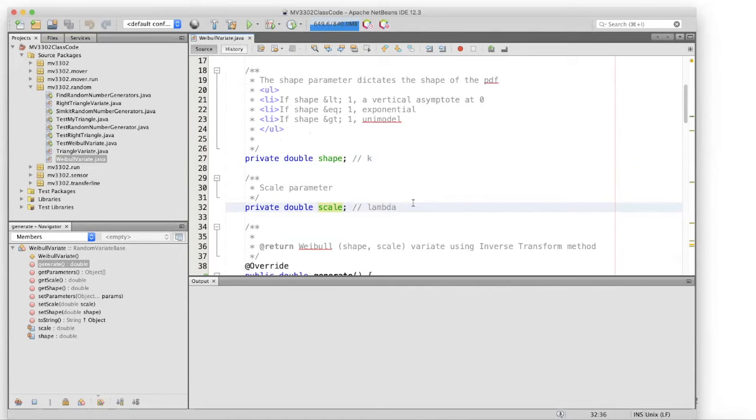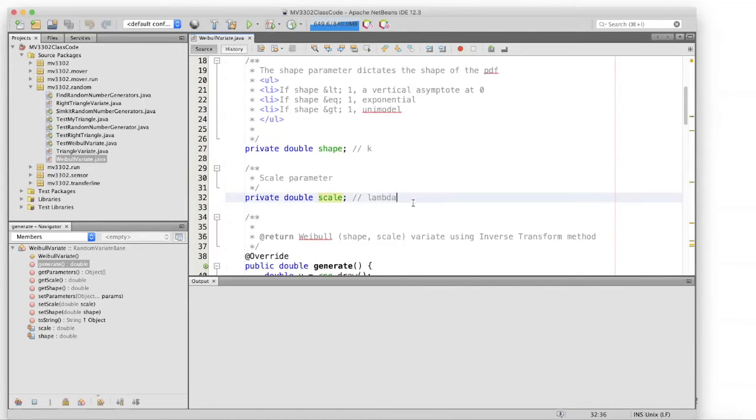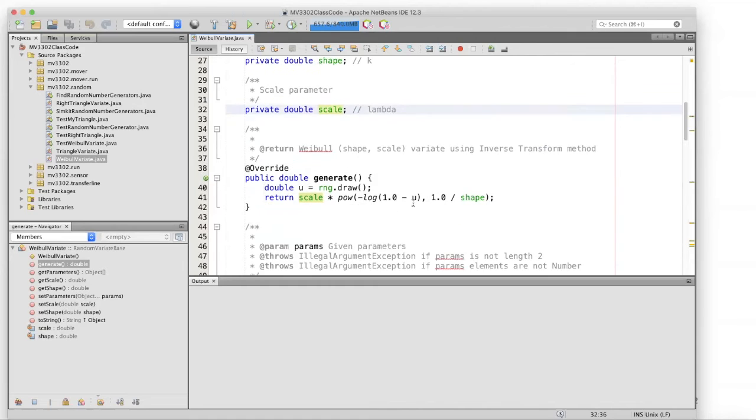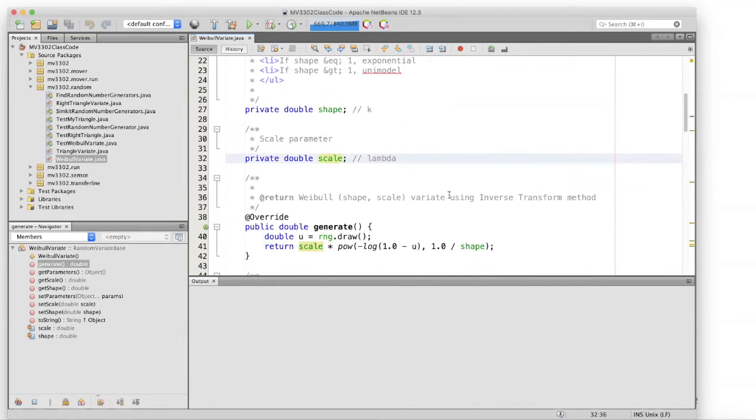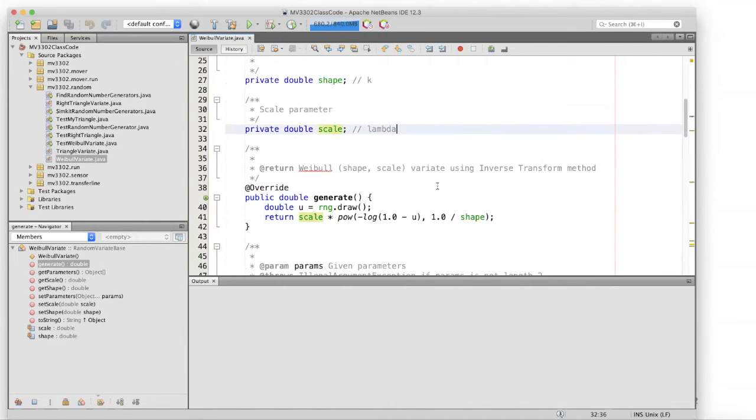So there the variables are descriptive. And the Java comments, for example, on the shape, describe what the different values are. And we'll actually see that a little bit.